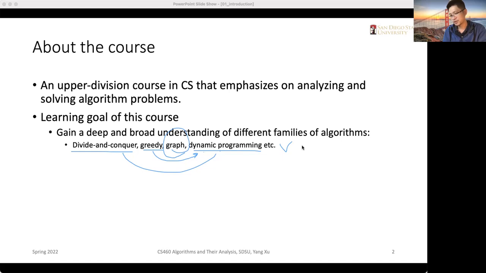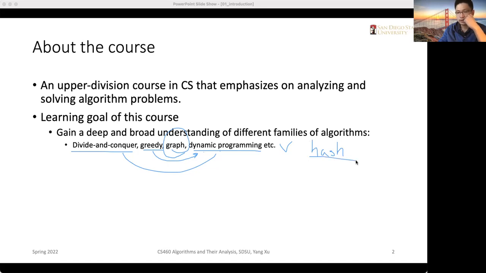I believe these contents are already covered in one of the prerequisites in the data structure course. Okay, so other than that, there's another special type of data structure called hash table. Okay, that will be one of the chapters in this semester.